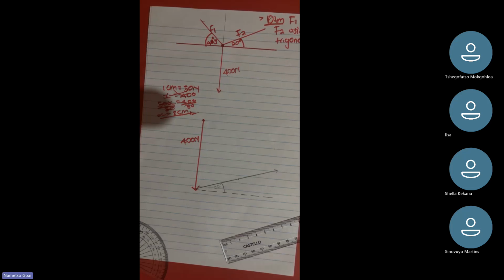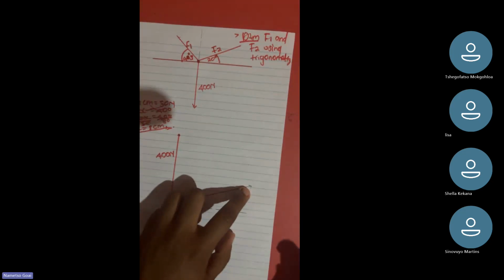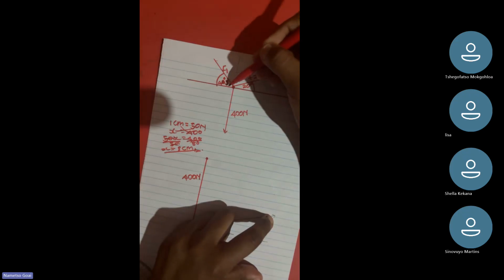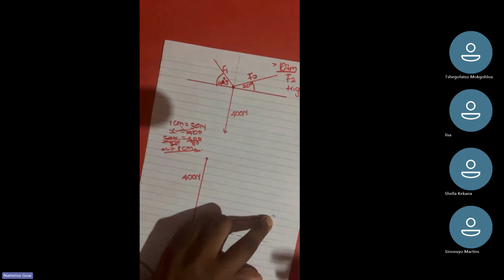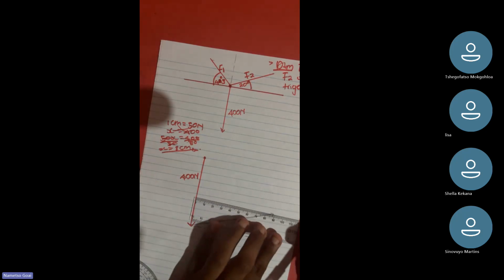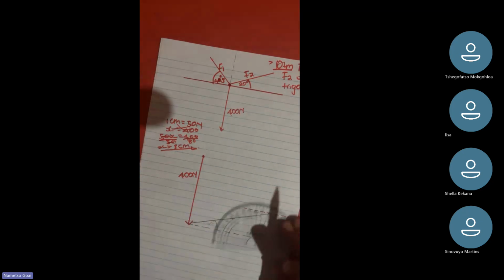Then we come here to the end of this one. They said that this one was 45 degrees, right? So we're going to draw our lines again. The reason why you're just drawing lines is because you want to be as accurate as you can when you place your protractor.